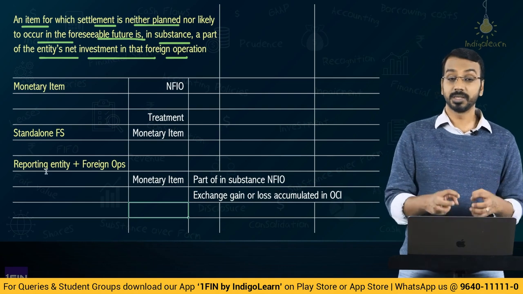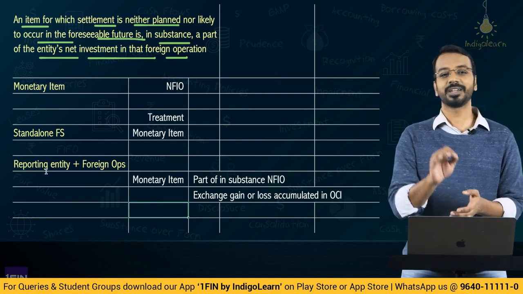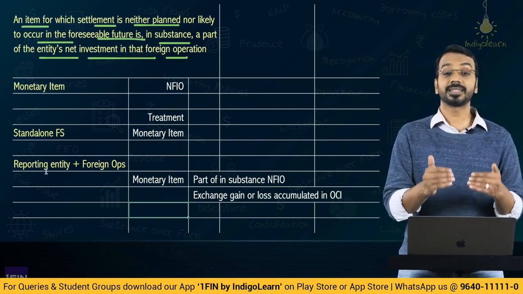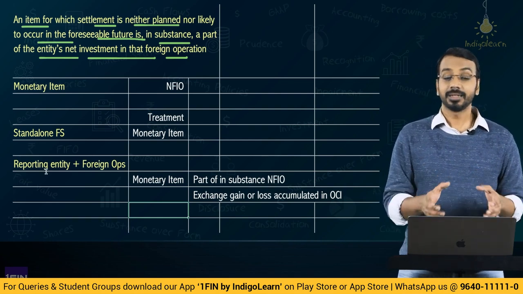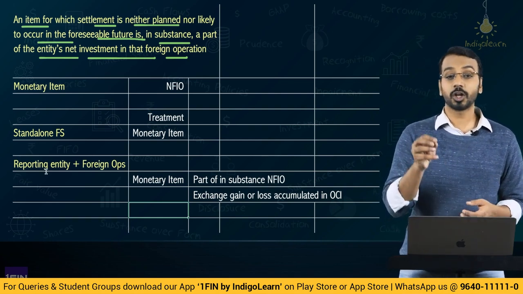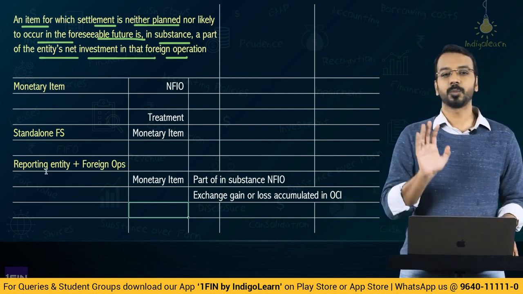Now, in essence what this means is, to the extent an item represents the net investment in foreign operation, if there is an exchange gain or exchange loss at the time of translation or at the time of conversion, then such exchange gain or loss will be accumulated in other comprehensive income. You will not take it to P&L.